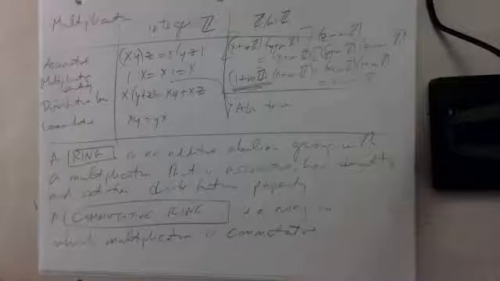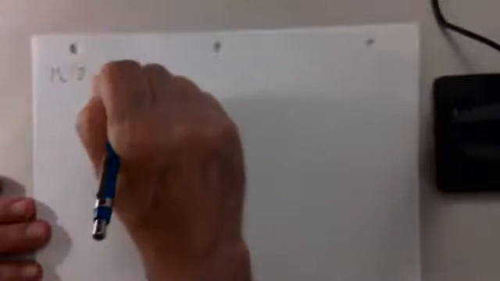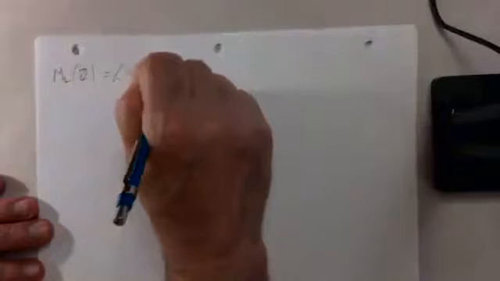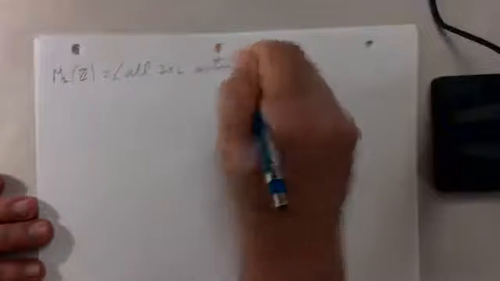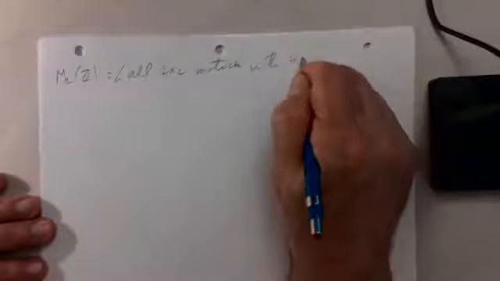Let me just give one other example of a ring. Suppose we let M2(Z) be the set of all 2 by 2 matrices with integer coordinates.